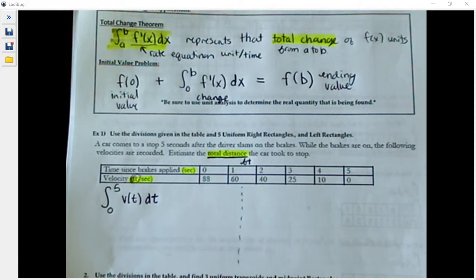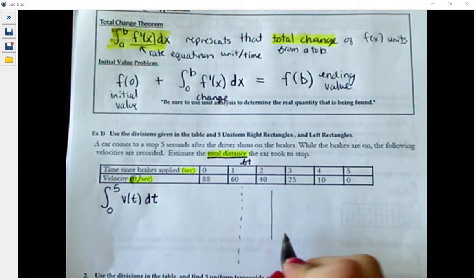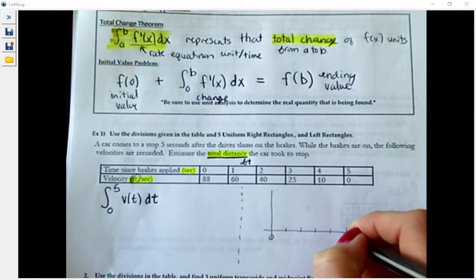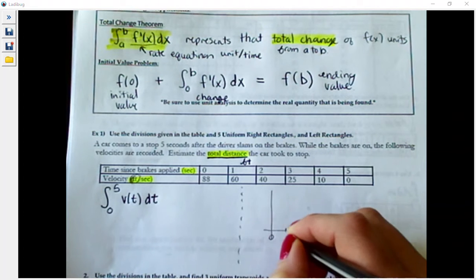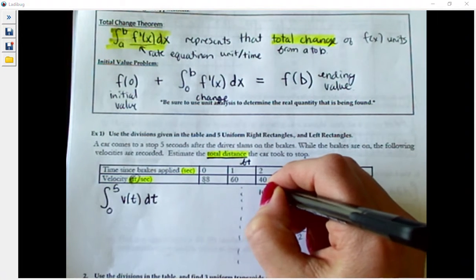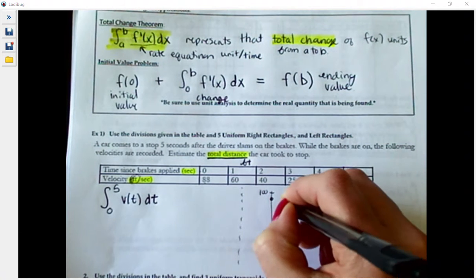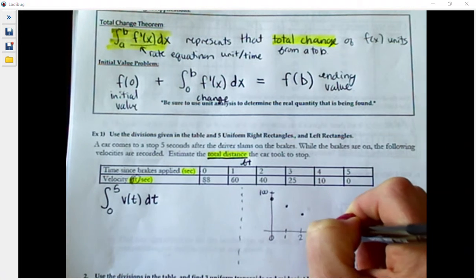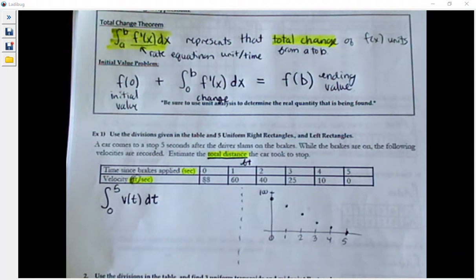And then on the other side, we're going to sketch a little picture so that we can see what this is. So 0 to 5: 0, 1, 2, 3, 4, 5. It does not have to be perfect, just rough estimates here. Now my y values look like they start at 88 and then they go down to 0. The values are right here in front of me.